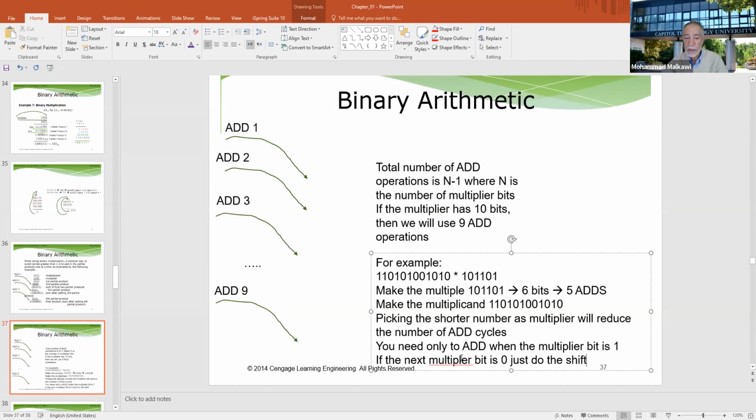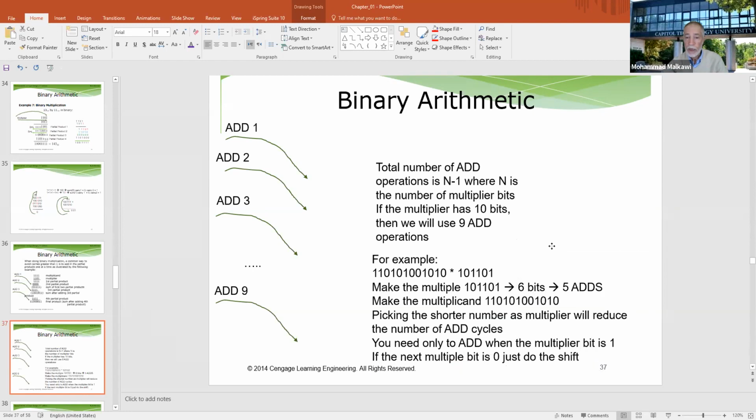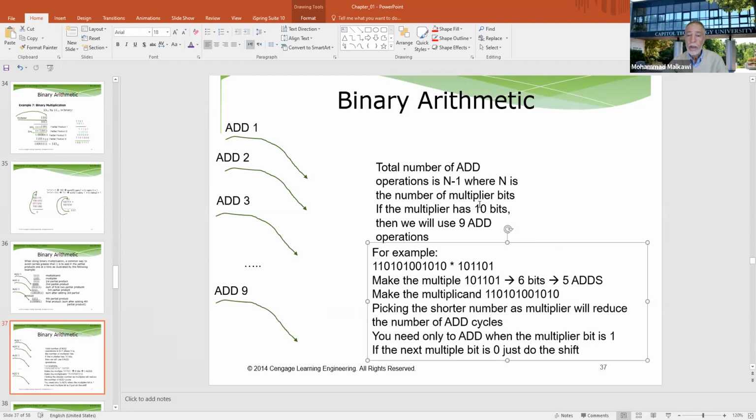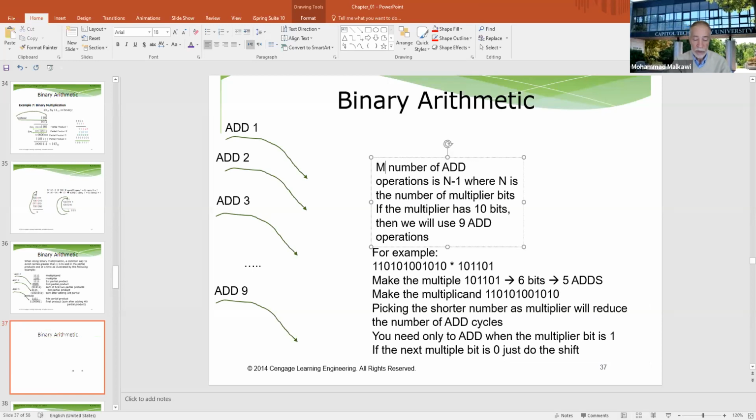So therefore, I will modify my definition here. I would say maximum number of add operations, not total. Why maximum? Because it could be n minus 1, where n is the number of multiplier bits.